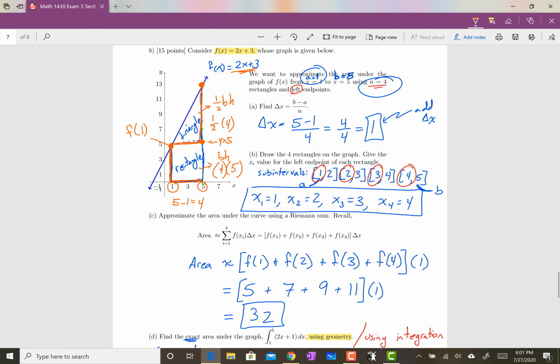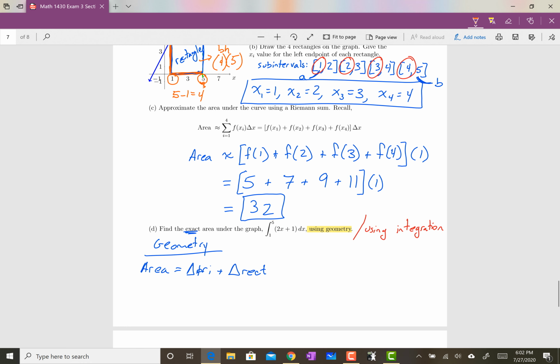Well, this value is going to be f of 5 from x equals 5. Well, what's f of 5? f of 5 is going to be 13: 2 times 5 plus 3. So if I'm going from y equals 5 to y equals 13, I can find that height by subtraction. 13 minus 5 is 8. So my triangle has a height of 8.